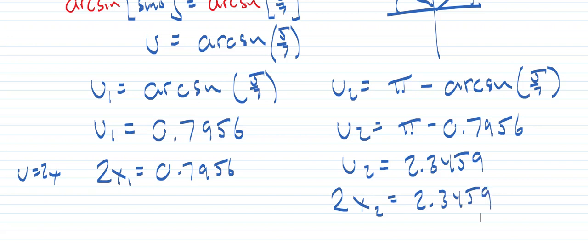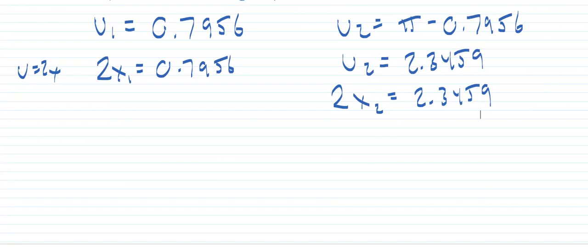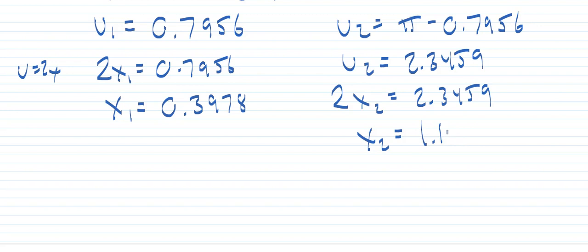And then dividing both sides by 2, we have x sub 1 is going to be equal to 0.3978, and x sub 2 is going to be equal to 1.1729. And those would be the two angles.